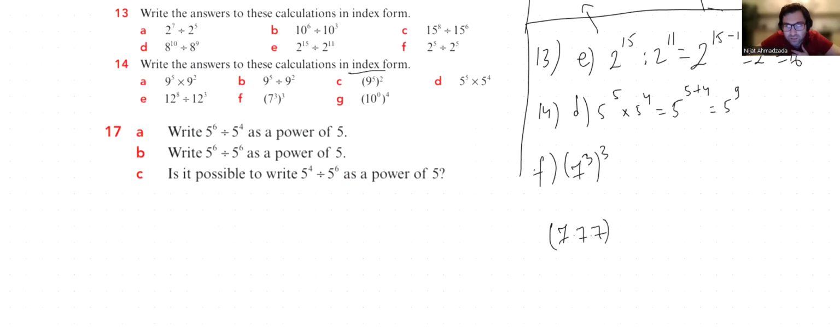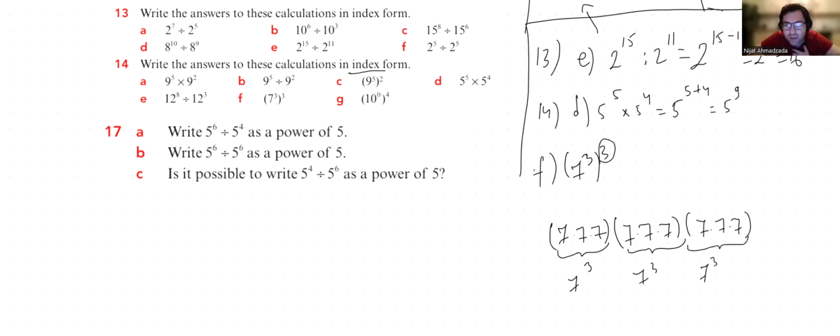To the power of 3 means I'm multiplying this thing by itself 3 times. You see? So this is another 7 to the power of 3, and this is another 7 to the power of 3. So now how many 7s do I have in total?